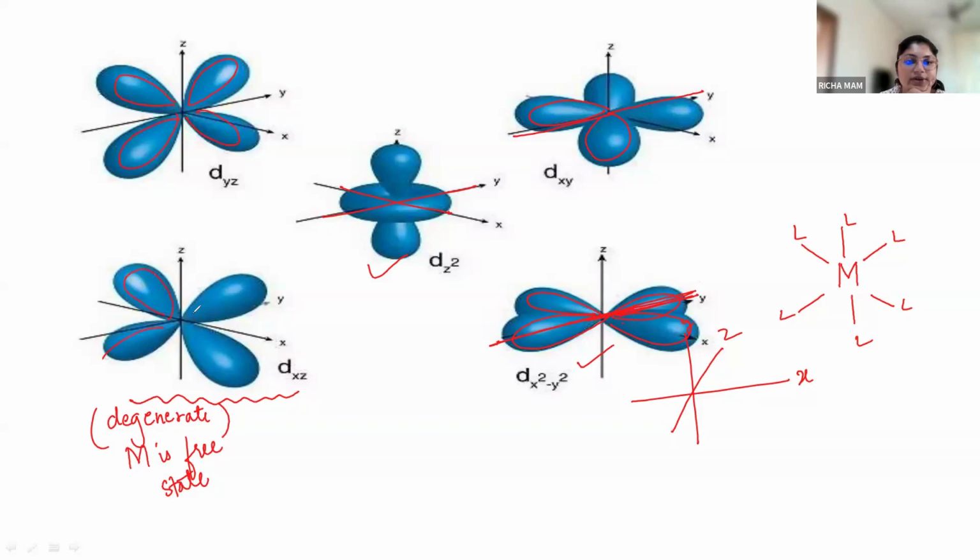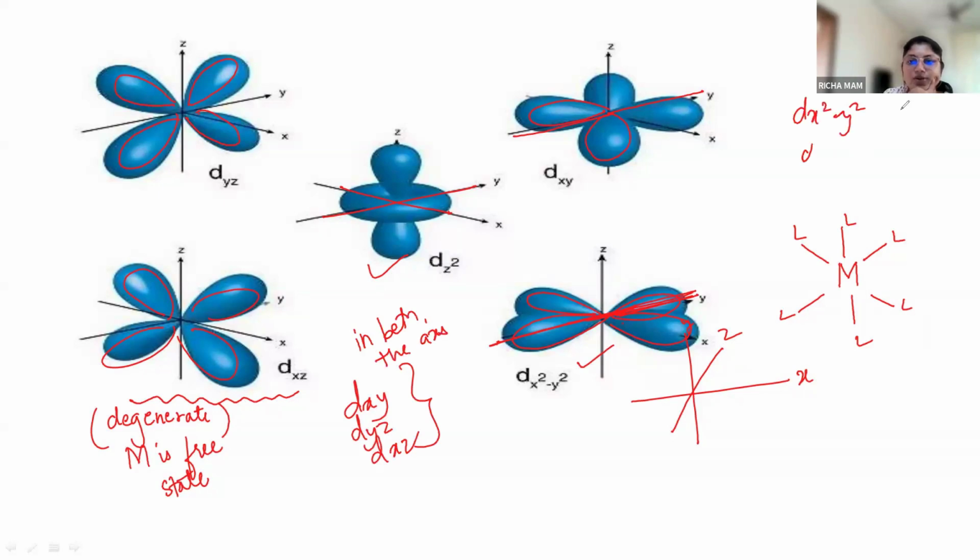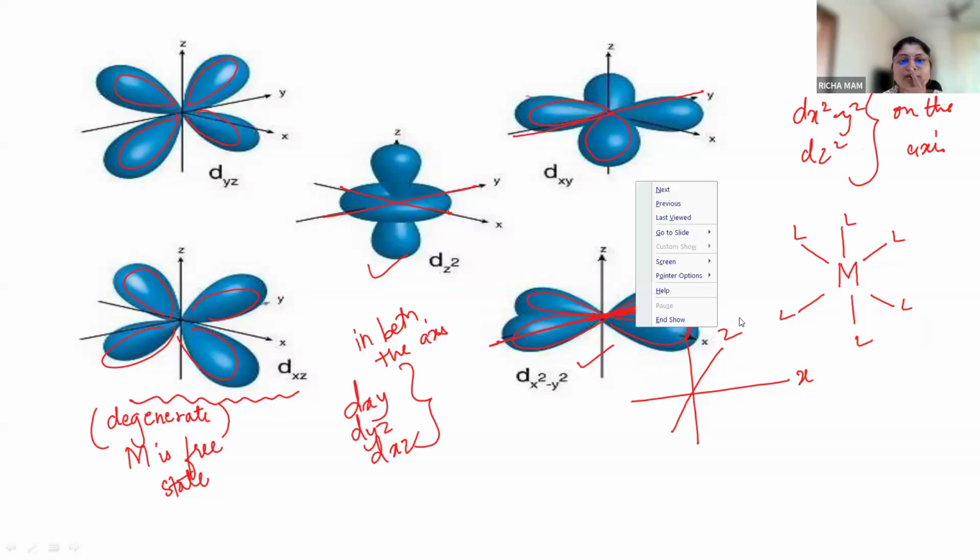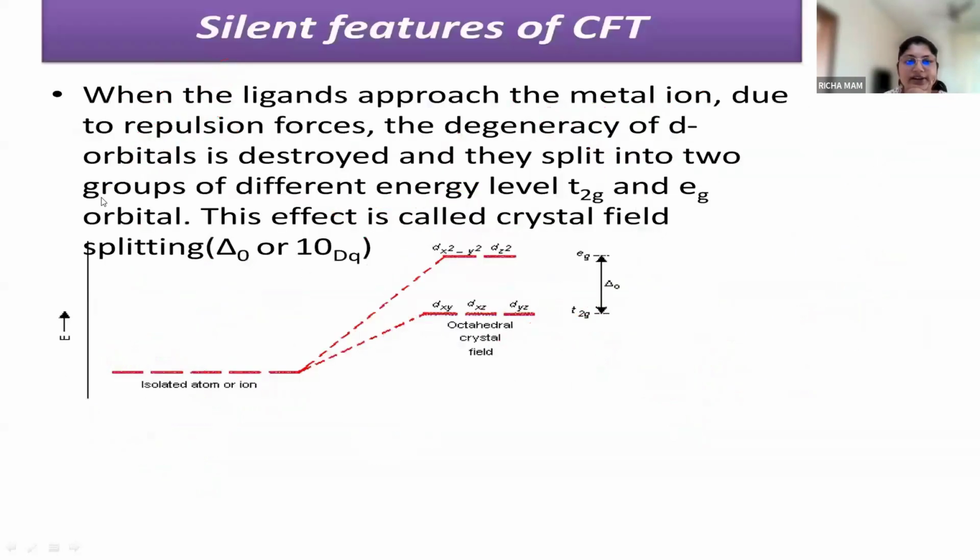Which are in between the axes? Your dxy, dyz, and dxz. So these are in between the axes, and your dx square minus y square and dz square are on the axis. Remember that.